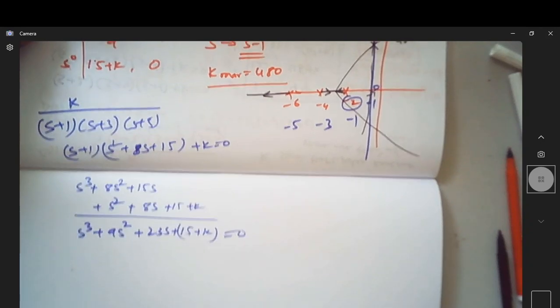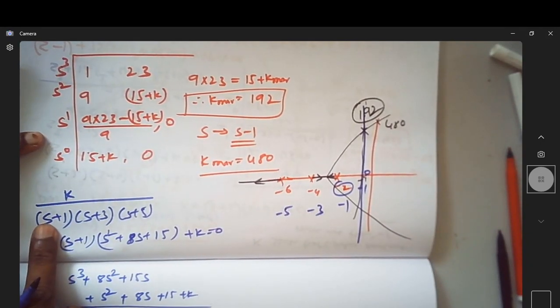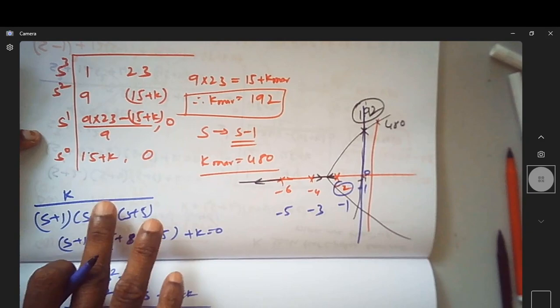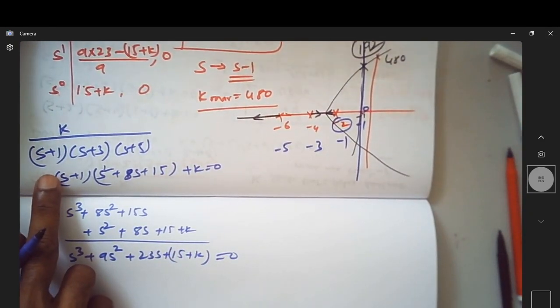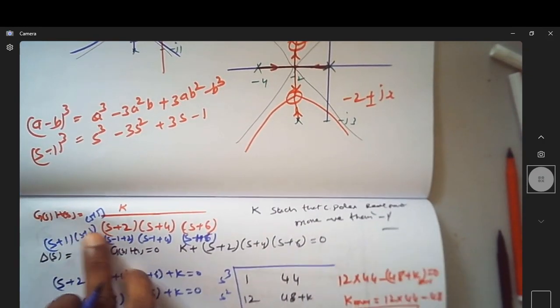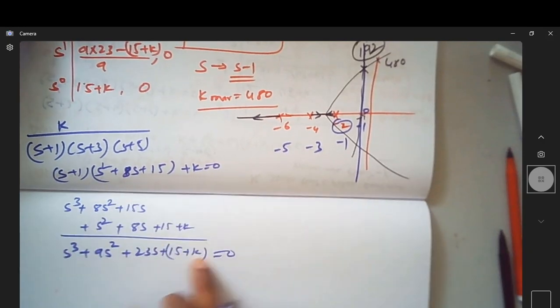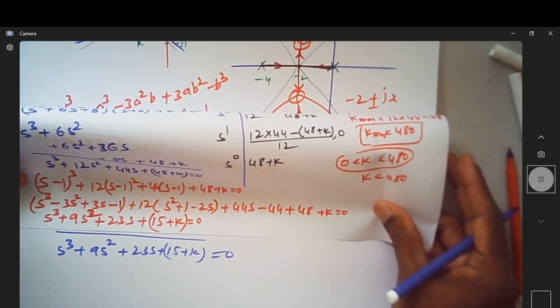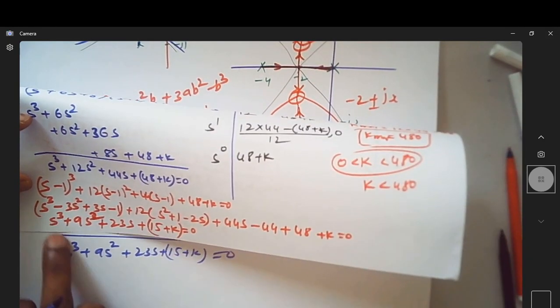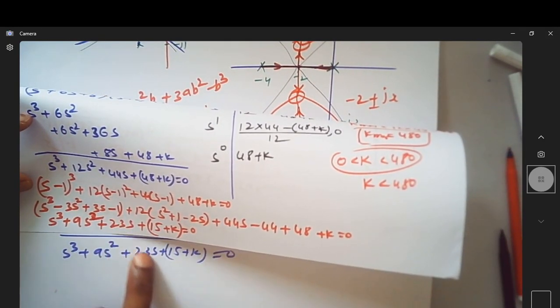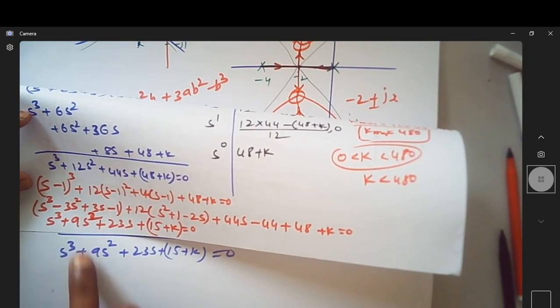This is the characteristic equation obtained by replacing s by s minus 1 in the pole position. You have this as the transfer function and this is the characteristic equation. Can you see, is it not 100% the same? It is s cube, 9s square, 23s, 15 plus k. So these two are the same.